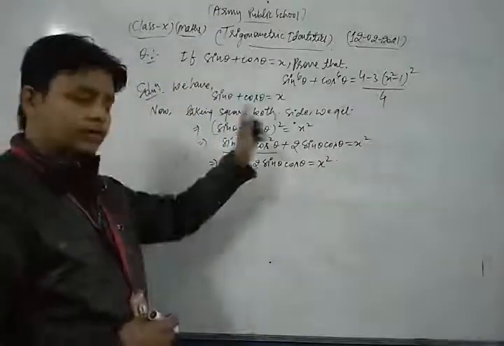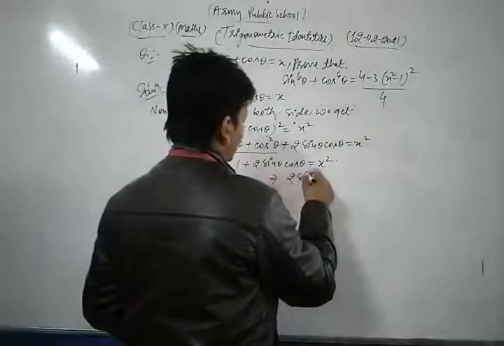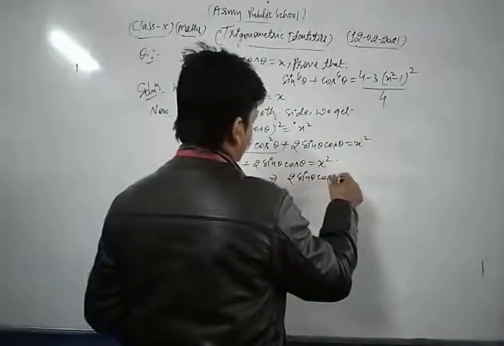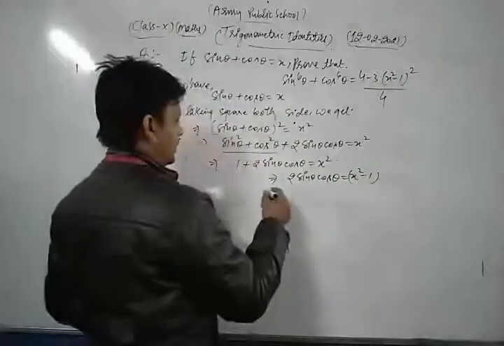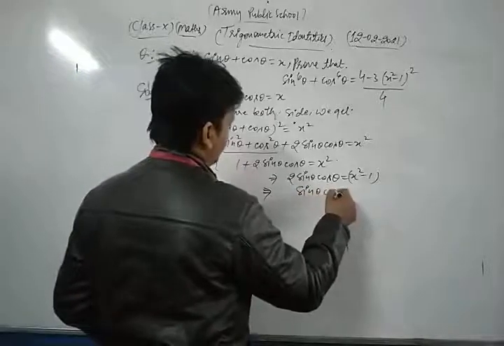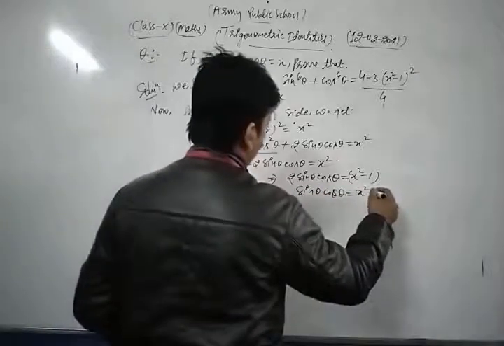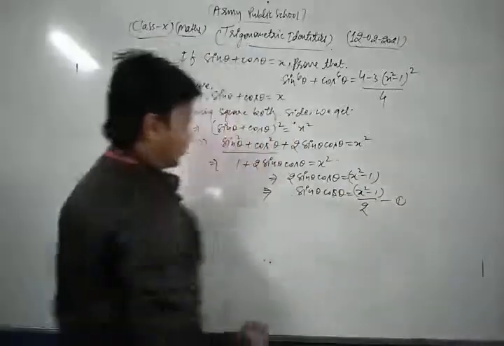Now we transfer 1 that side, so we get 2 sin theta cos theta is equal to x square minus 1, that is the value of sin theta into cos theta is equal to (x square minus 1) upon 2. Take this as equation number 1.